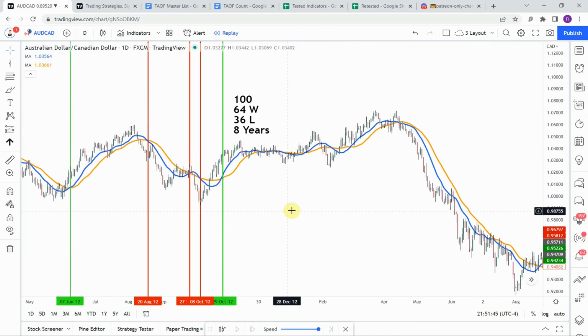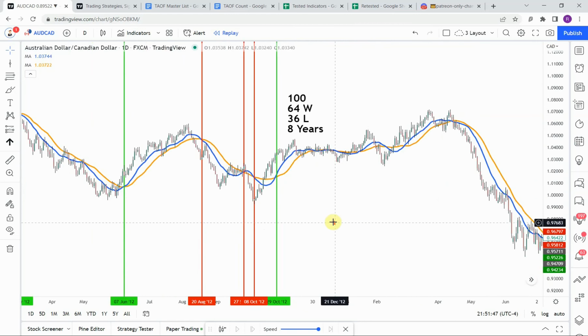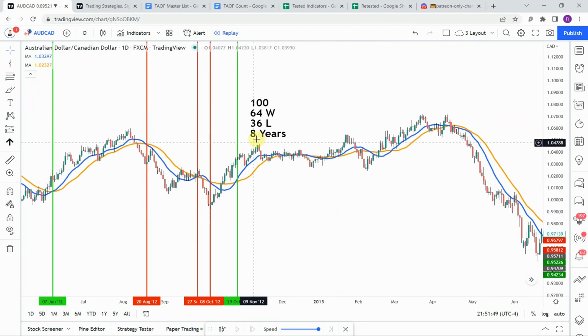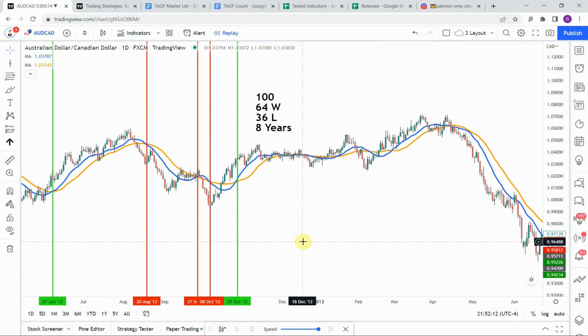And so we are only at like 2013 right now, but I tested this over 8 years, again 100 signals, 100 trades, and this was able to achieve a 64% win rate. And so that actually bumps it up better than the original test when we only had 11 trades. So obviously this one is going to stay on the winning list. This one seems to be getting better with age, I guess you could say.